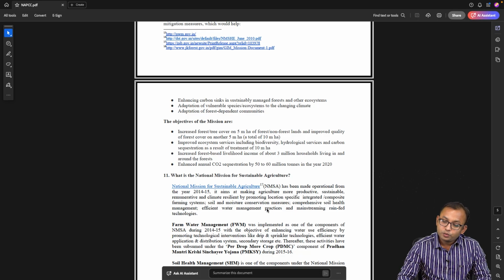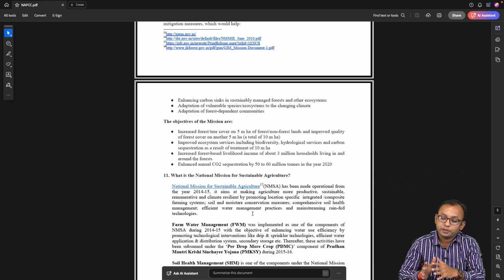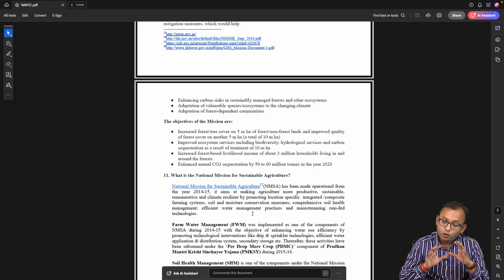The primary aim is making agriculture more productive, sustainable and climate resilient by promoting location-specific integrated composite farming systems, soil moisture conservation measures and comprehensive soil health management. Efficient water management is also an integral part of this mission, along with rain-fed technologies and rainwater harvesting systems.